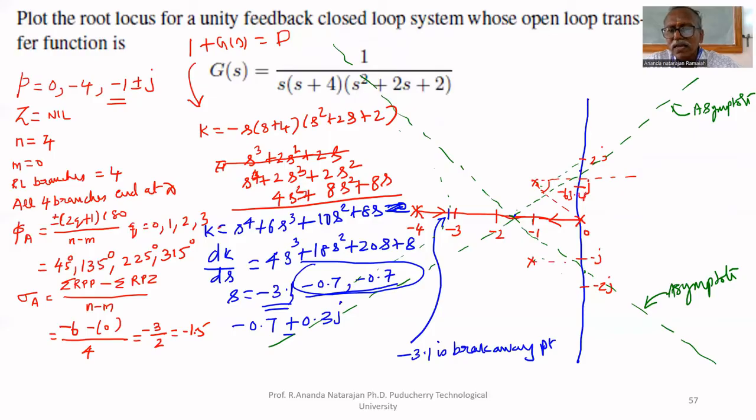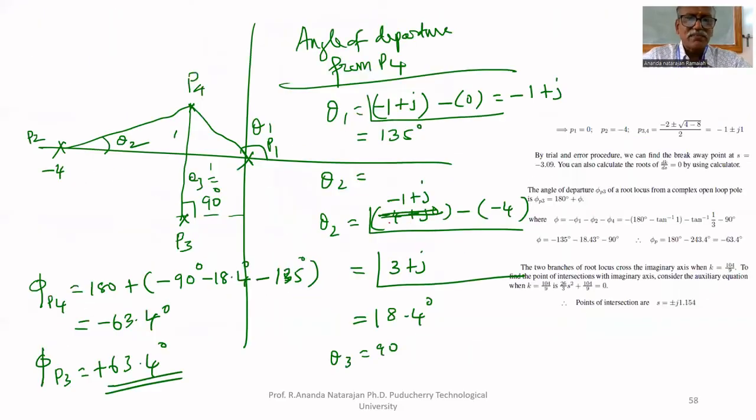Here we have to draw plus 63.4, so it comes out at this angle. Where it intersects the imaginary axis, we have to find.